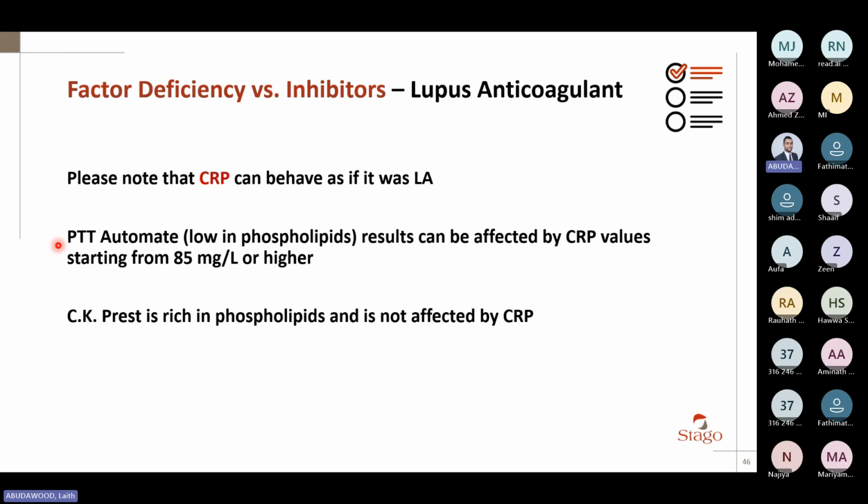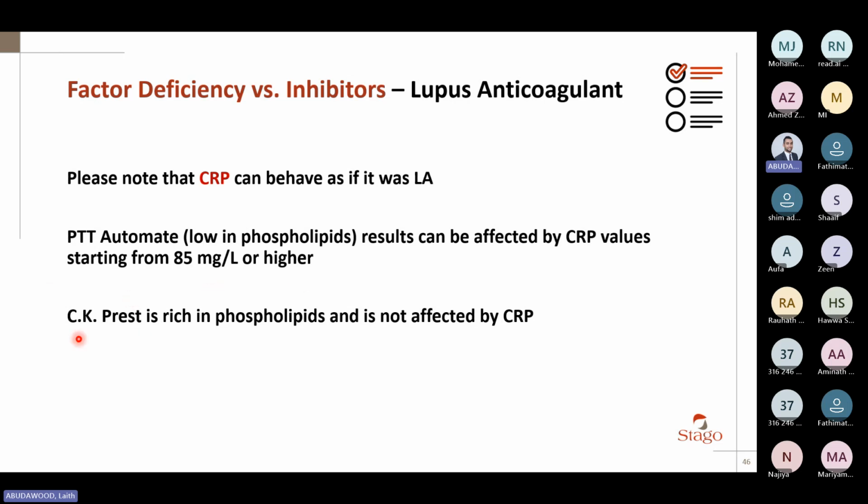For example, for Stago, PTT Automate has low amounts of phospholipids. That's why it can be affected by CRP values from 85 milligrams per liter or higher. Okay, so if the patient has any kind of severe inflammation, then PTT Automate will be prolonged.